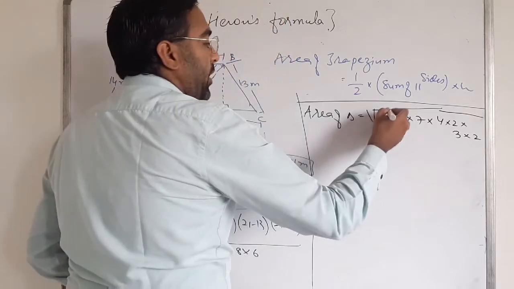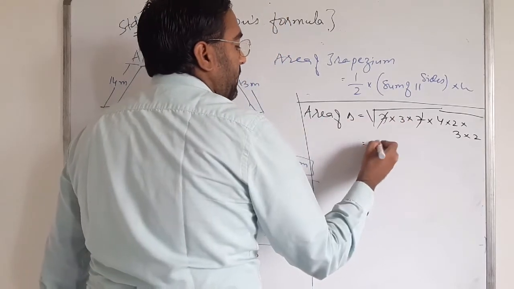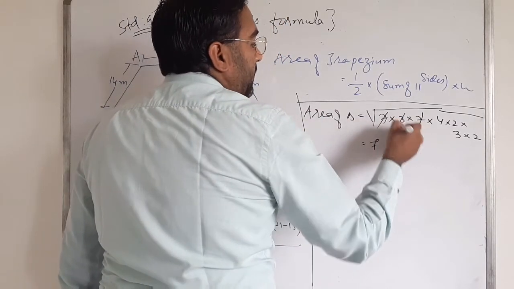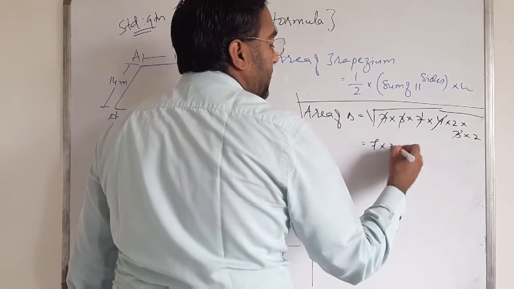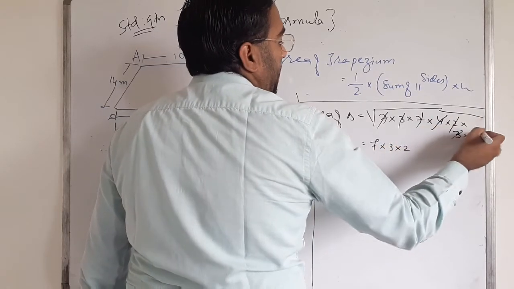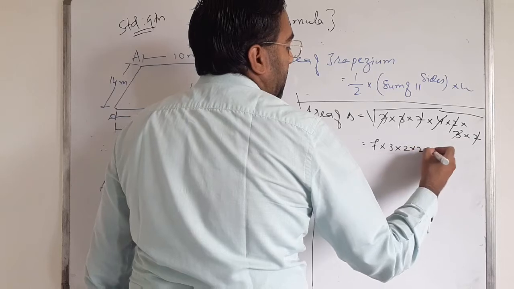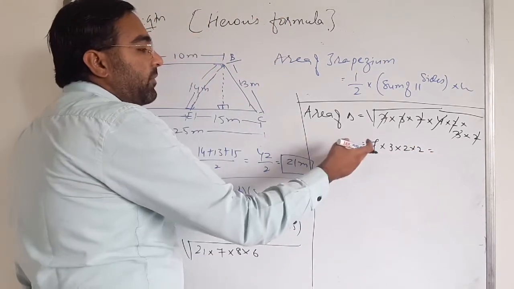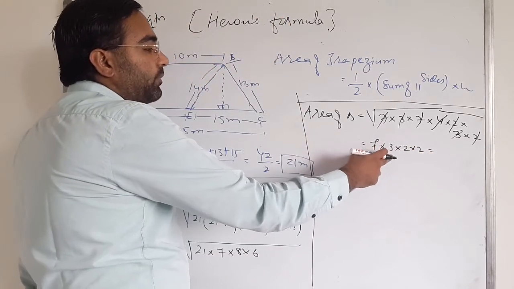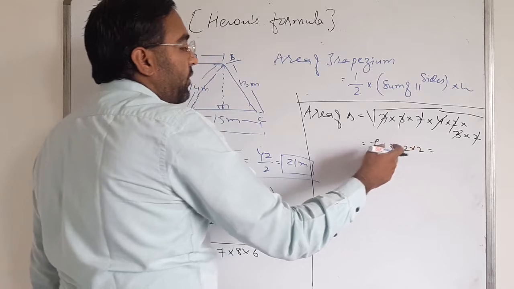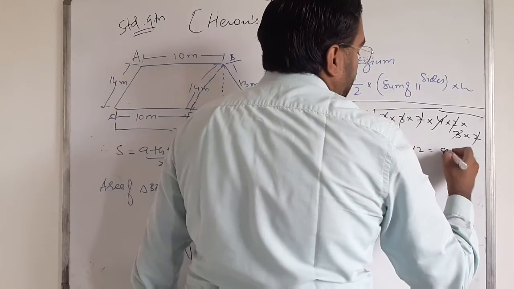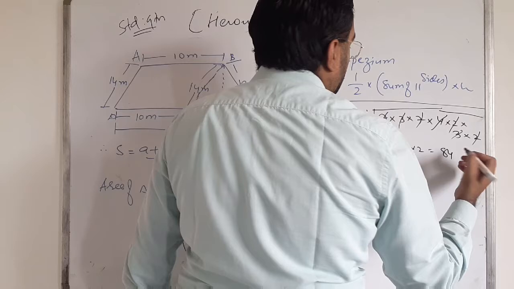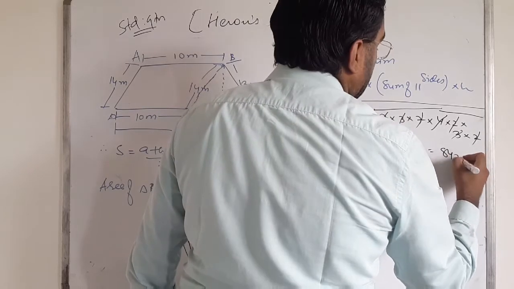Okay, so now the pair of 7 is taken out, the pair of 3 also taken out, square root of 4 that is 2 taken out, and the pair of 2 is taken out. So now my answer will be 2 twos are 4, 4 threes are 12, 12 sevens are 84, 84 meter square.